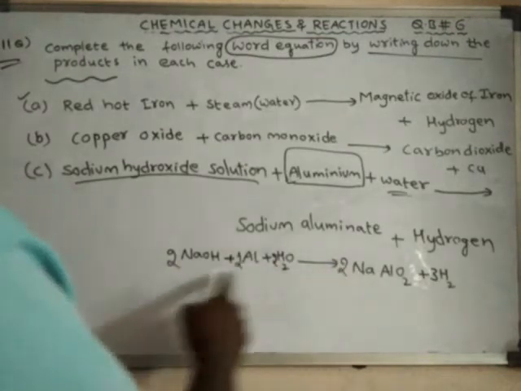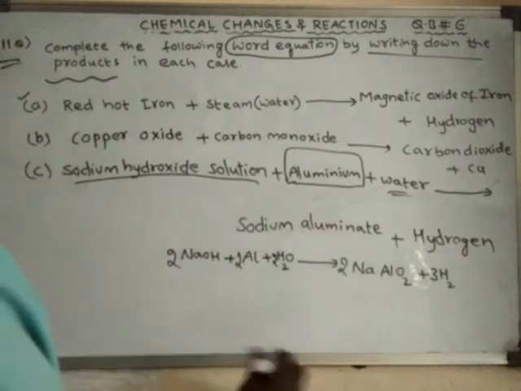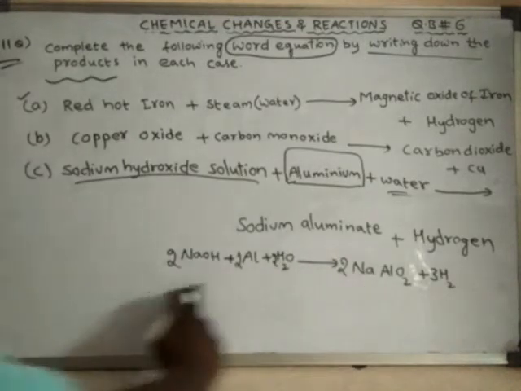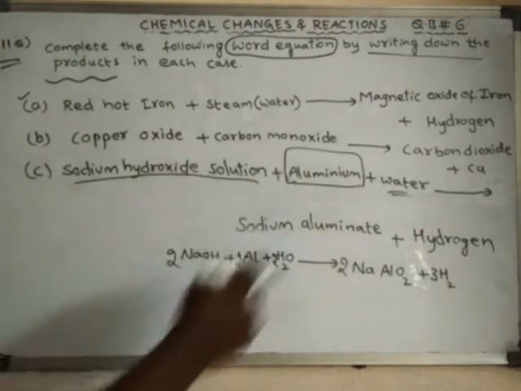Na, Al. How many oxygens are there? 4. Okay, right. So this is the chemical equation of this chemical reaction.